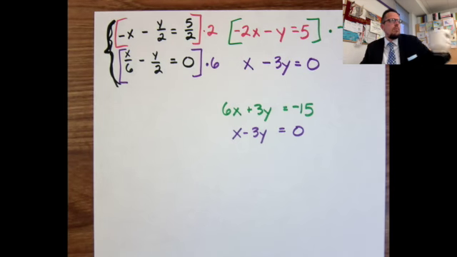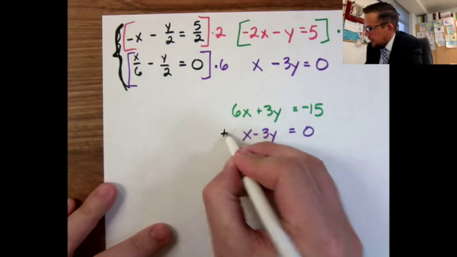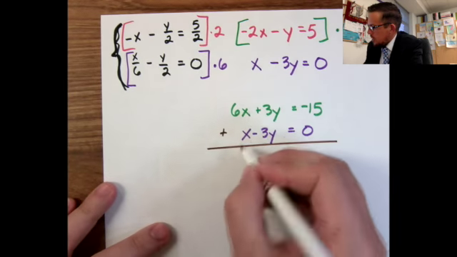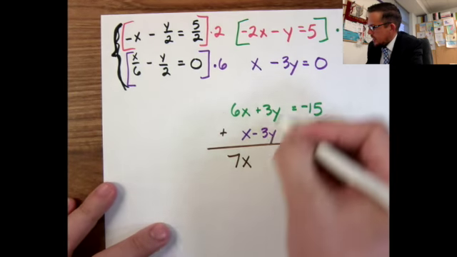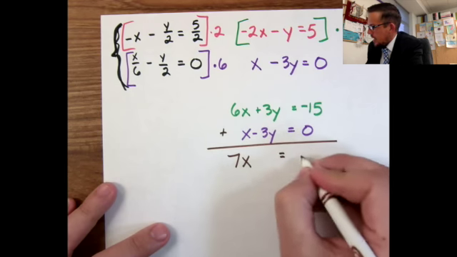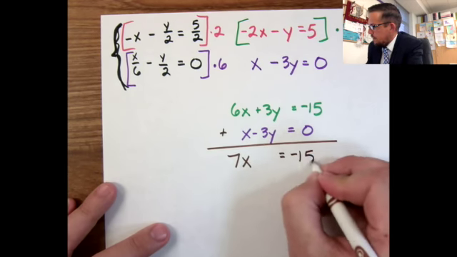Okay. Now what? Let's add. Good plan. 6x plus x is 7x. The y's are gone. And negative 15 plus 0 is negative 15.